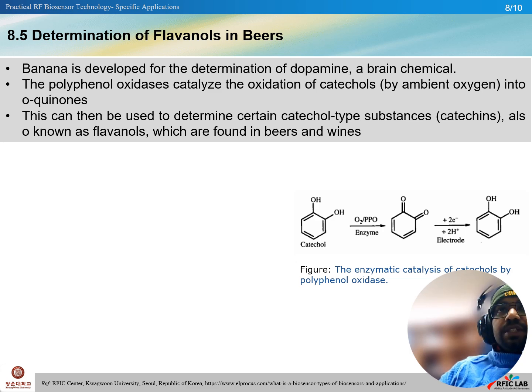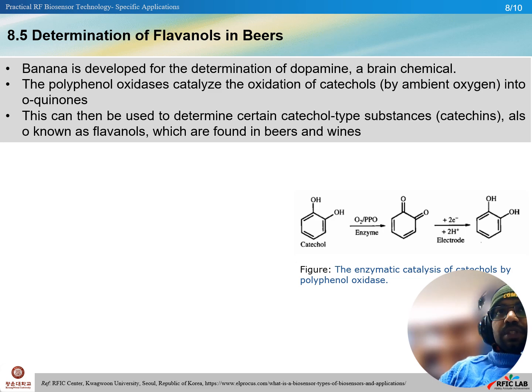Now the determination of flavonols in beer. For that, a banana-based sensor is developed for the determination of dopamine, which is a brain chemical. Polyphenol oxidase catalyzes the oxidation of catechols by ambient oxygen into quinones.